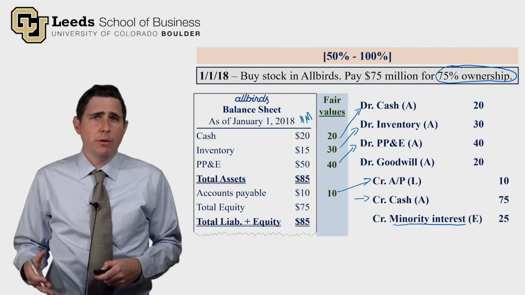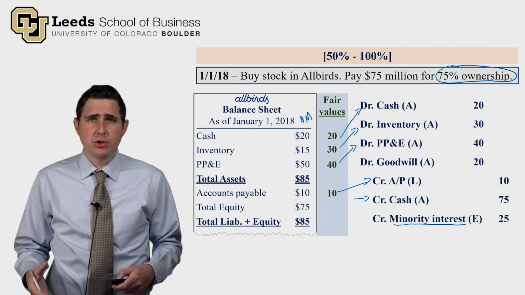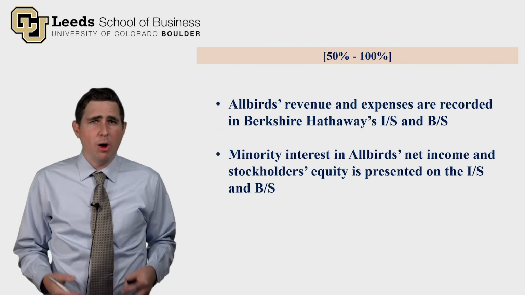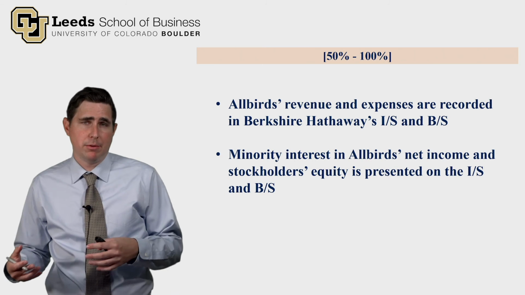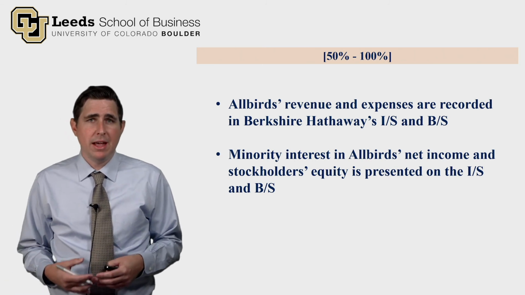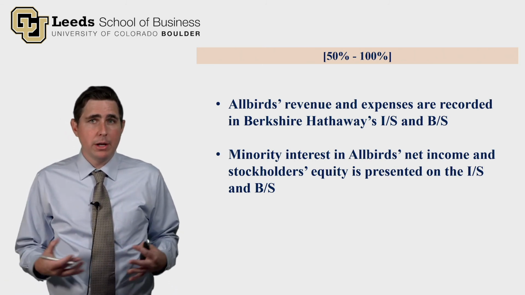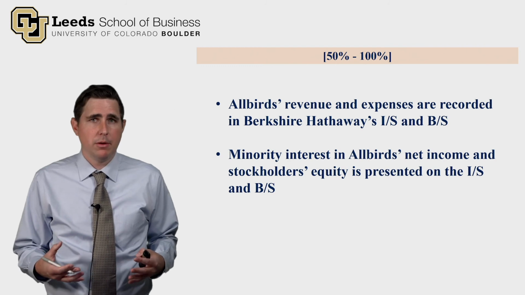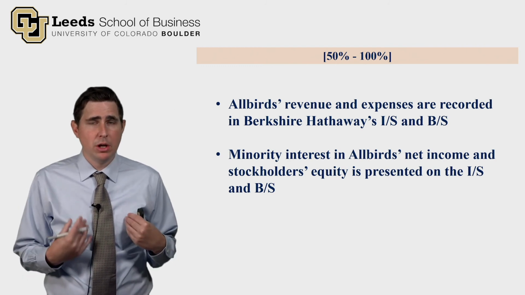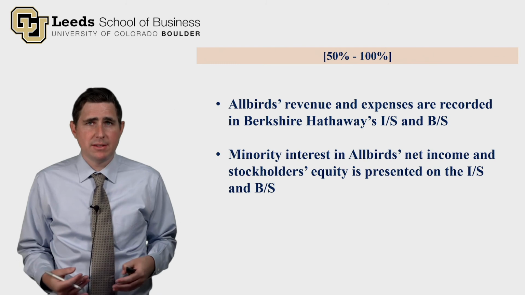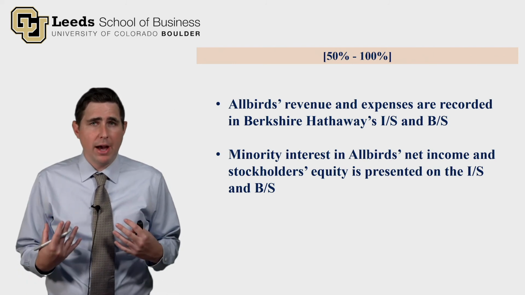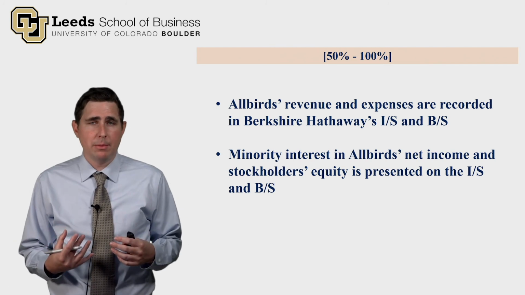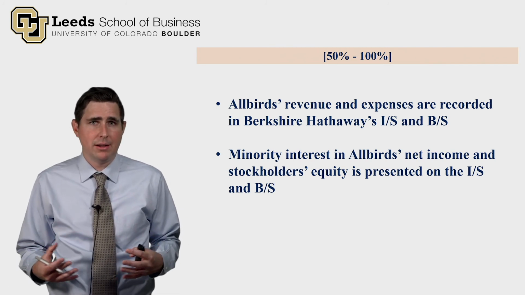Okay, going forward, after we've done this acquisition journal entry, whenever Allbirds has revenue and expenses, so they sell shoes, they create shoes, that's just going to be recorded in our income statement. When they sell shoes, that's our revenue. When they incur costs, those are our expenses. Likewise, on the balance sheet, their assets are our assets. Their liabilities are our liabilities. We are a consolidated entity.